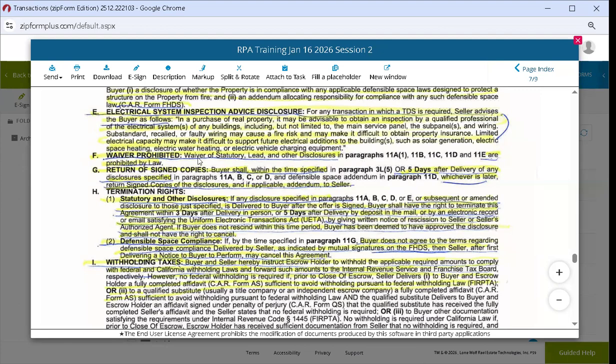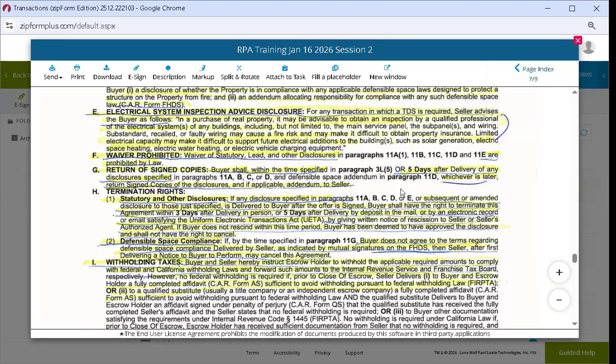Waiver is prohibited by law for the statutory disclosures, lead, and other statutory disclosures, okay? Signed copies of all of these disclosures are to be returned 5 days after delivery of any disclosure.